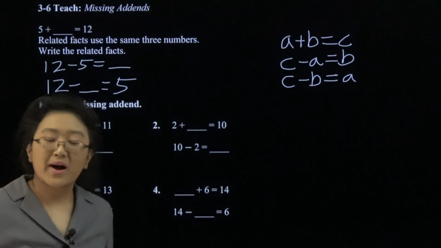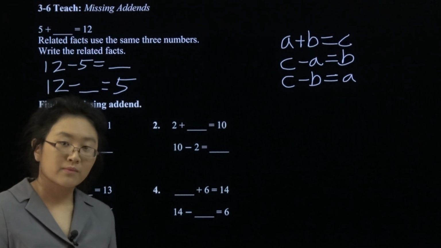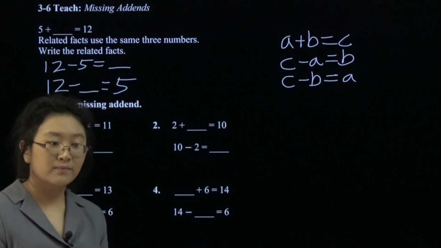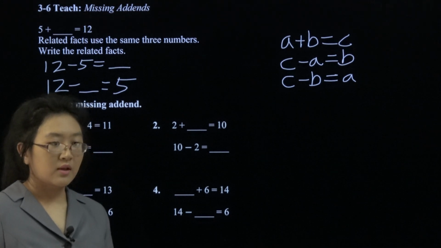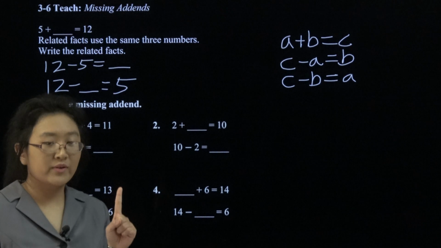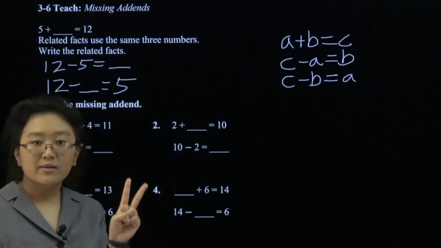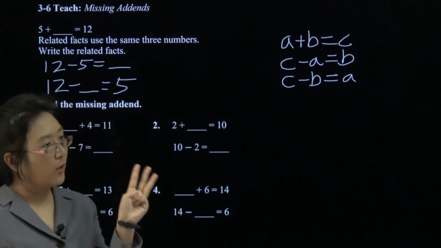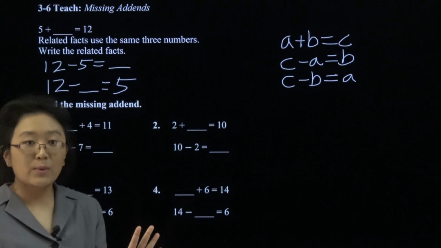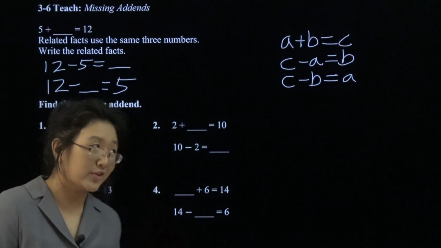Well, what's 12 minus 5? Well, let's see. We have 12. We take away 1, 11, take away 2, 10, take away 3, 9, take away 4, 8, take away 5. We get 7.